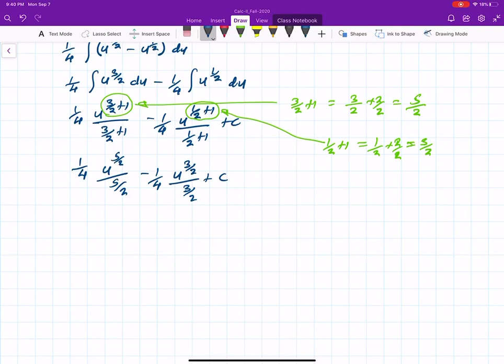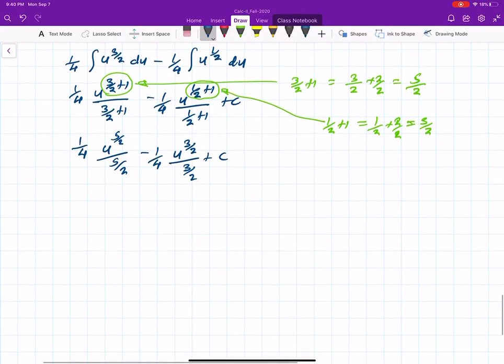Okay, now you have to simplify this further. Here you have 1/4, here you have 5 over 2. How do you simplify this? You can just flip 5 over 2 as 2 over 5 and then bring it forward. So you write this to be 1/4 multiplied by 2 over 5 u to the power 5 over 2.